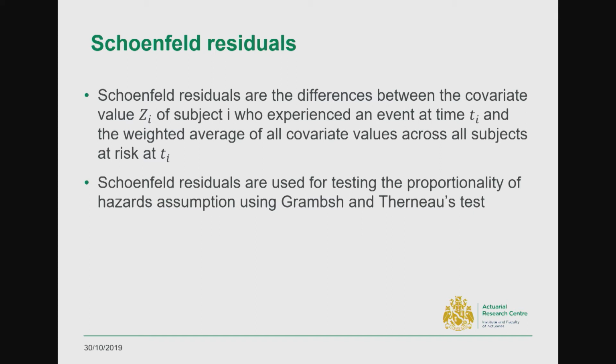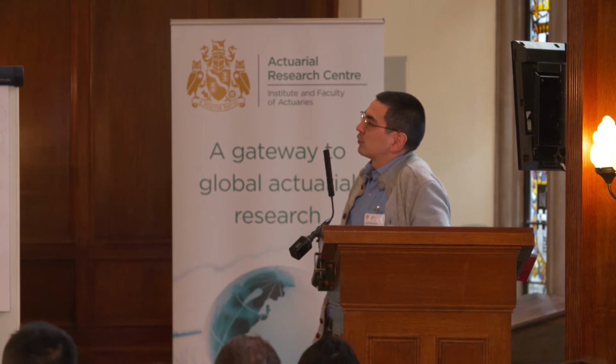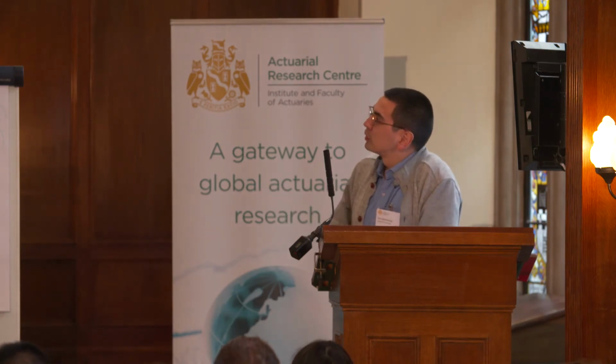We want to look at the Schoenfeld residuals in order to perform a test called the Grambsch-Therneau test. I'm sorry for my spelling. I hope we spelled it right. We look at the Schoenfeld residuals for each covariate and look at the correlation against time.